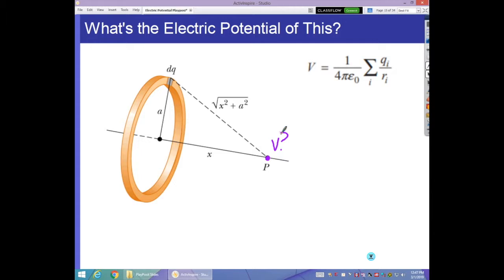So if we look at this little section of charge dq, and I've got some total charge q on this large ring, if I take a little section dq, it's going to make a contribution to my voltage of 1 over 4 pi epsilon naught times dq, however much the charge is there, divided by r.